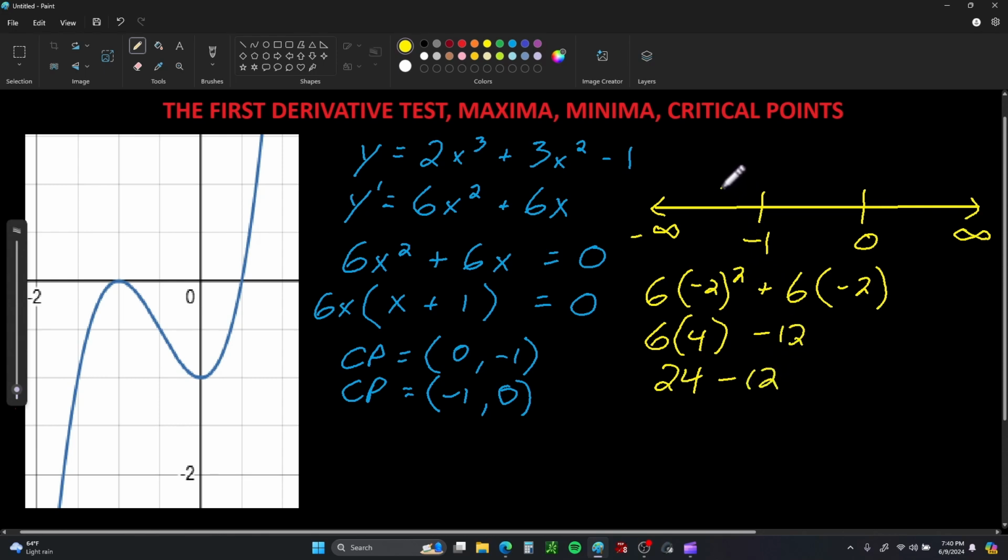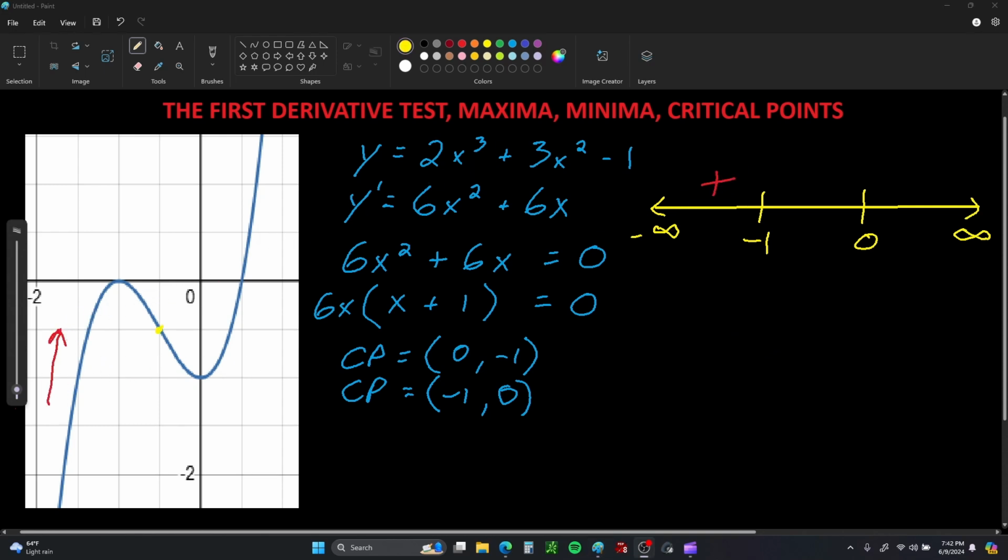Using a -2 on this side, it's positive, so the function is increasing, and you can see that here. Now I need a number between -1 and 0, so I'll pick minus 0.5.